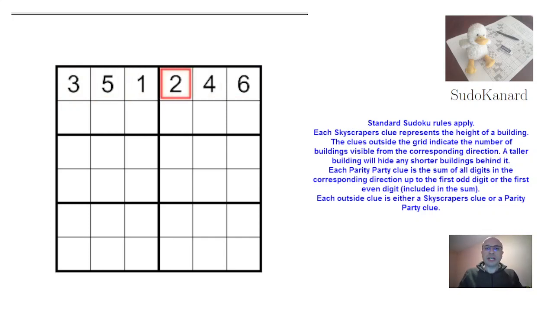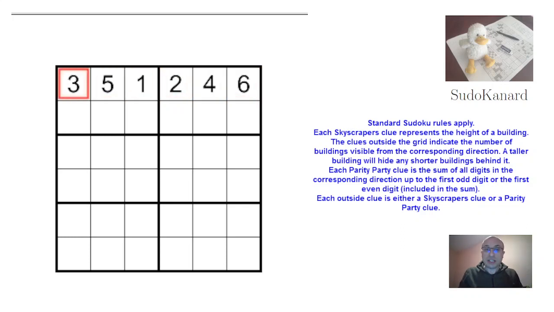Then those numbers are interpreted as heights of buildings. And a building hides from view the buildings that are smaller. For example, if you're watching from the left, you'll see building 3, you'll see building 5, but you won't see buildings 1, 2, and 4. They are hidden behind building 5, and then you'll see building 6.